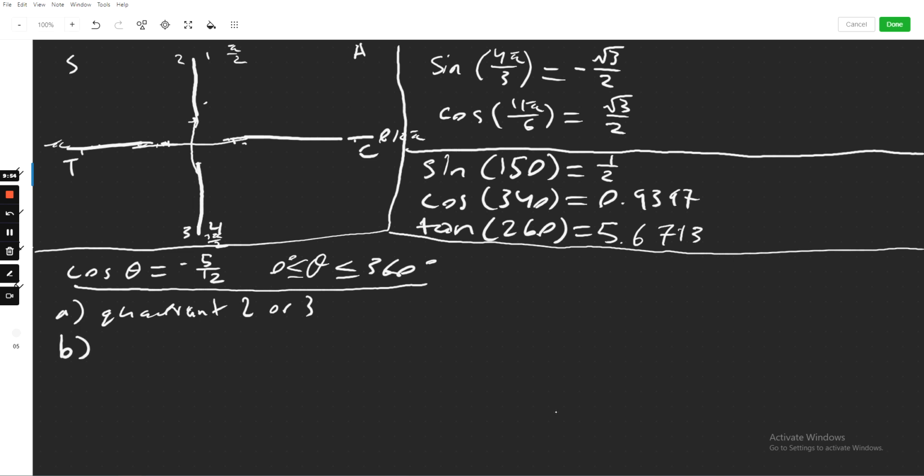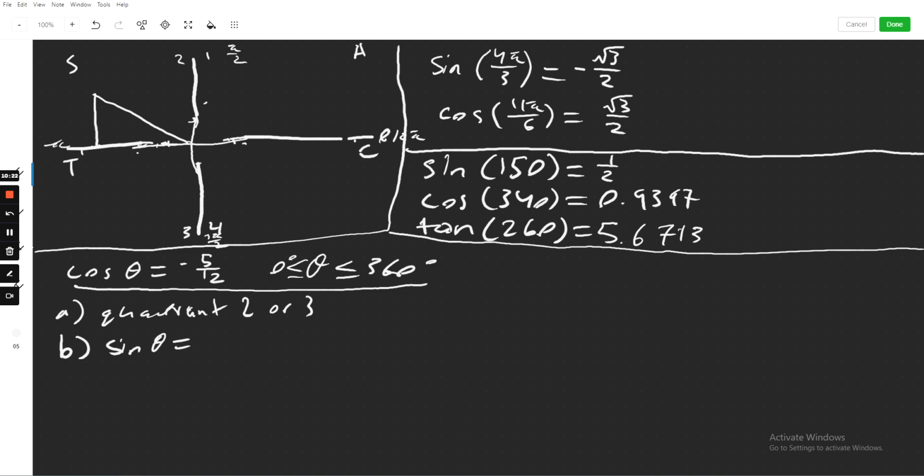So for theta, we can have sine theta equal to the positive value in here.